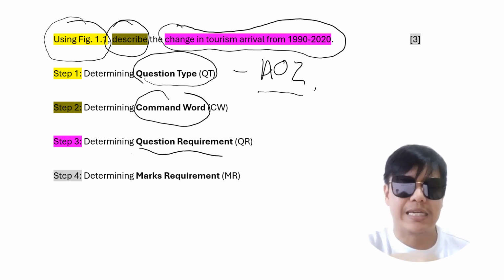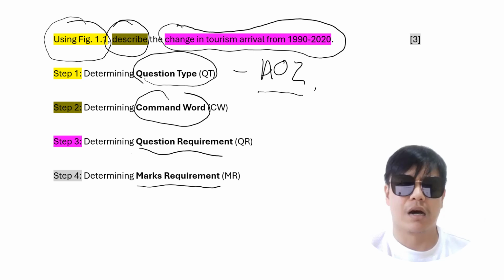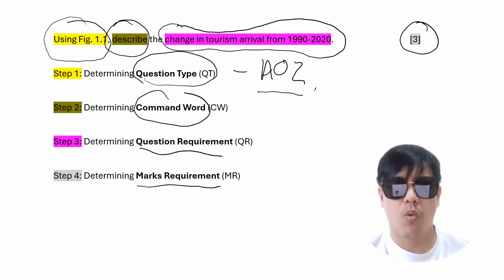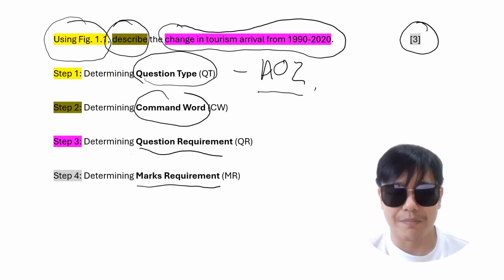Last but not least, it is the marks requirement that is needed. Okay, this would be something that a lot of students miss, in my opinion. And you can see over here it's a 3 marks question. What does it mean? Okay, to be able to ace a geography paper, you need to understand that every mark is given by point.